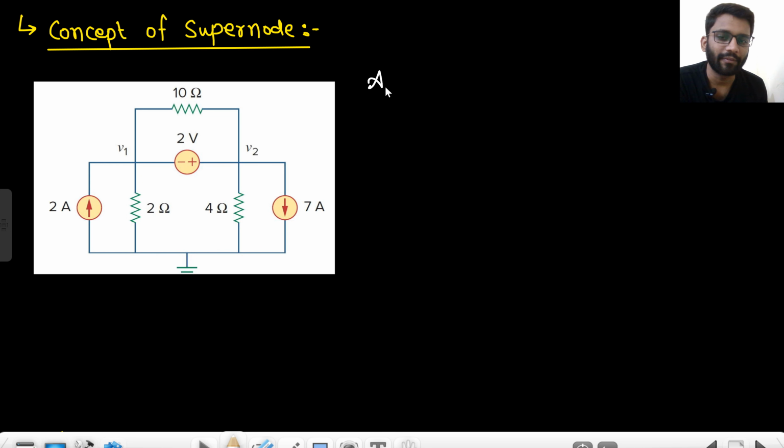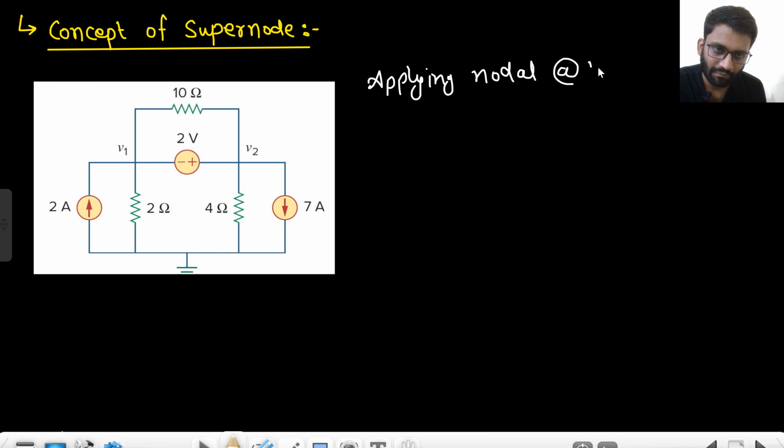Applying nodal at V1. What will be the current in this branch? V1 by 2 ampere. The current here is 2 ampere.